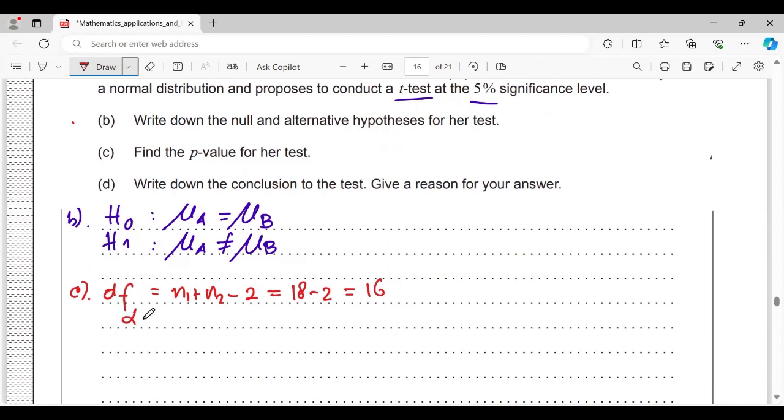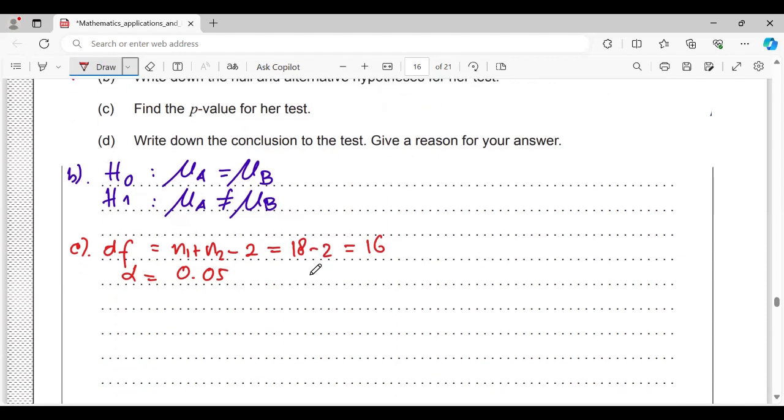And alpha is 0.05. After that, you have to determine t, and then z, by calculation using p minus p0 over the square root of p0 times 1 minus p0 over n.